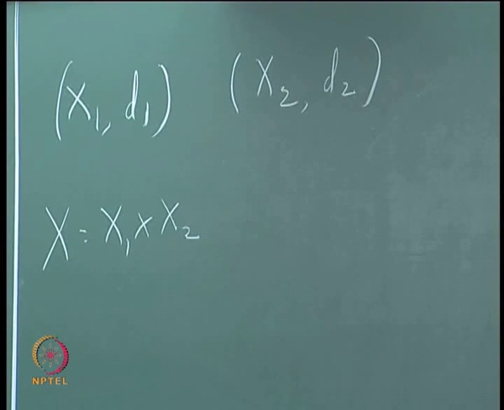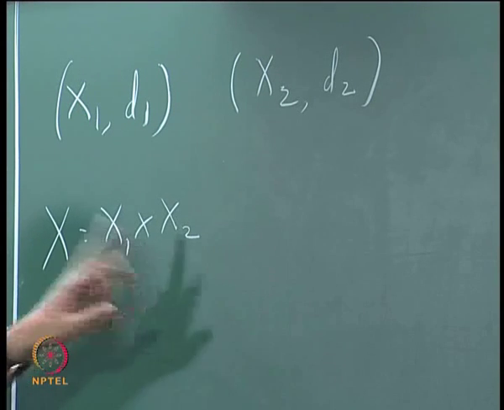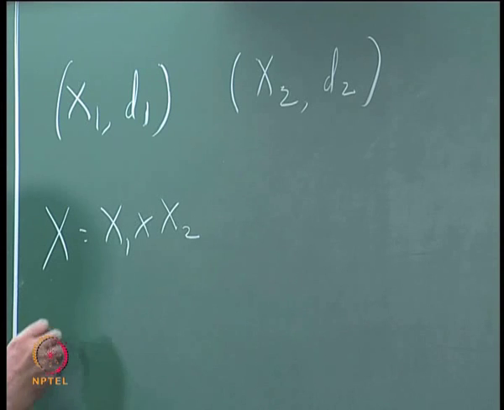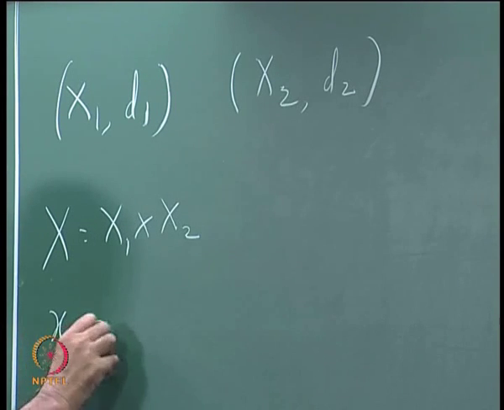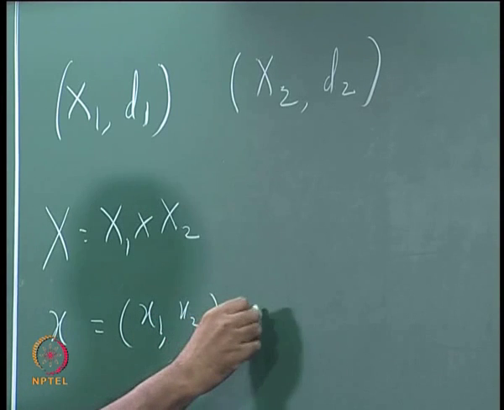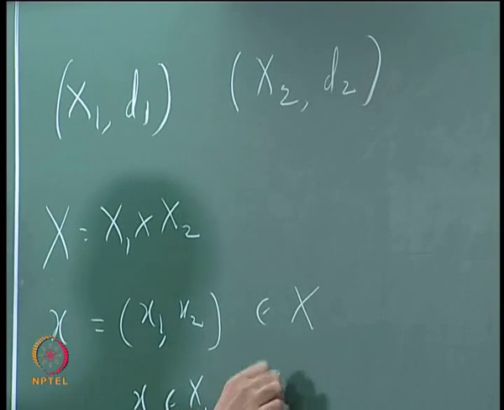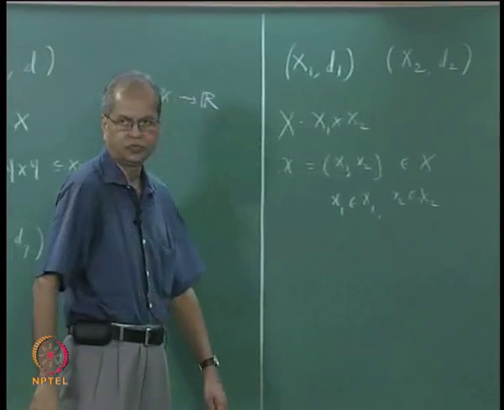Then as you know, elements of X are nothing but ordered pairs, where the first element comes from X1 and the second from X2. So suppose you take any element x in X, it will be of the form (x1, x2). So this means x1 is in X1 and x2 is in X2.